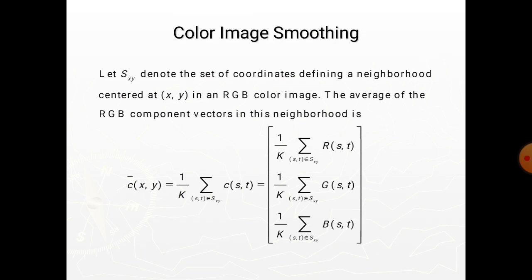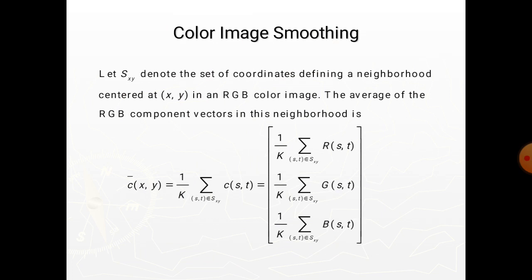The principal difference is that instead of scalar intensity values, we must deal with component vectors of the form given here. Let S_xy denote the set of coordinates defining the neighborhood centered at (x,y) in an RGB color image. The average of the RGB component vectors in this neighborhood is C bar of (x,y) equal to 1 upon K, sum over (s,t) belonging to S_xy of C(s,t).